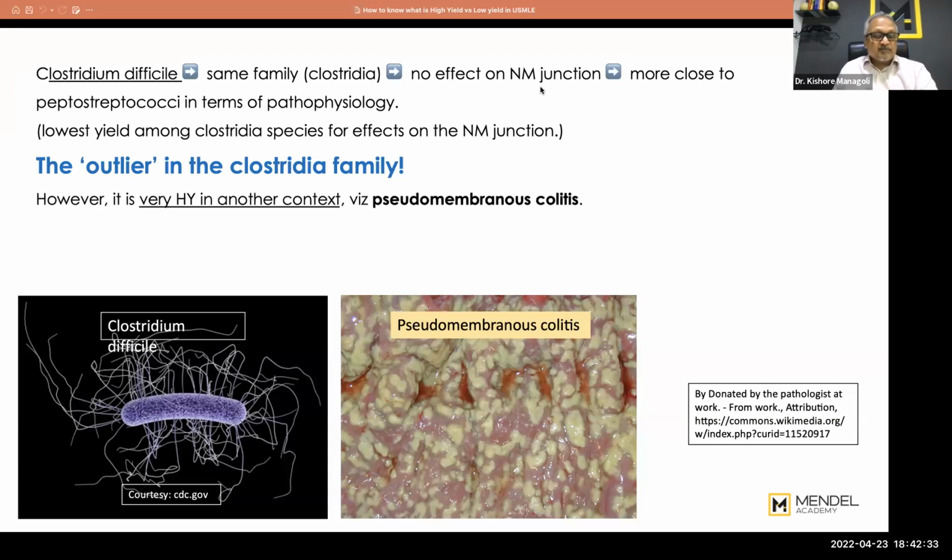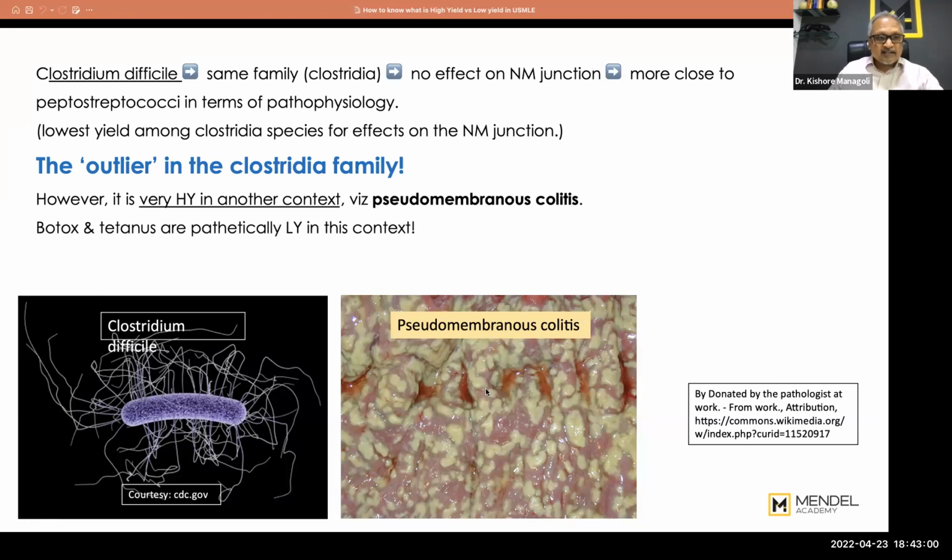However, Clostridium difficile becomes very important if you consider some other clinical scenario like pseudomembranous colitis. I'm sure students who have already started preparing for USMLE would know that the most important bacteria from the perspective of pseudomembranous colitis, an image that I have put up here, is Clostridium difficile.